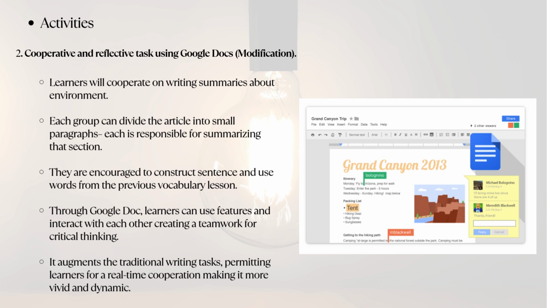The students can divide the article into small sections, each student being responsible for summarizing that section. Some students can focus on the ways in which energy matters, and other students, for instance, can concentrate on difficulties and solutions introduced in the article.